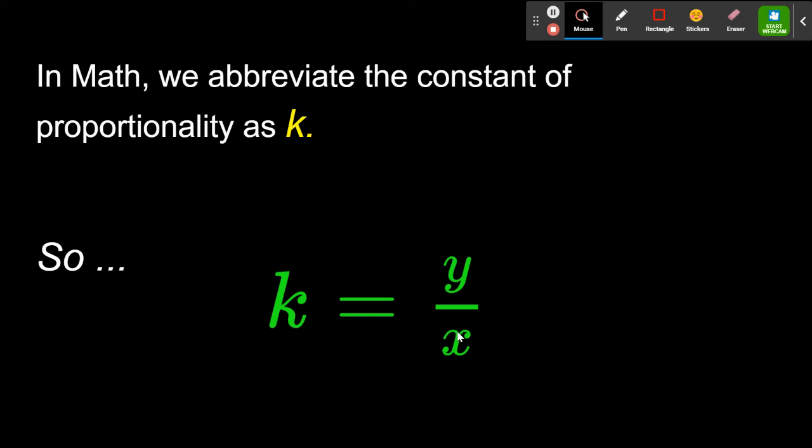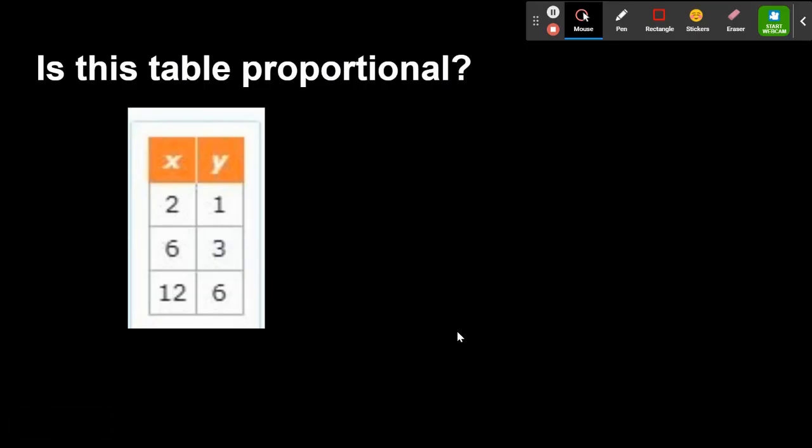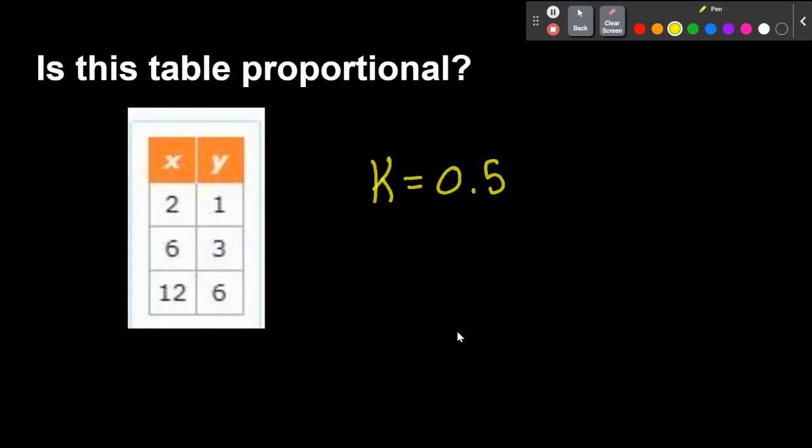So if a table is proportional, the unit rates that you found to be equal, that value is your constant of proportionality. For this last table, all of the unit rates we found were equal to 1/2 or 0.5, so our constant of proportionality for this relationship is 0.5.